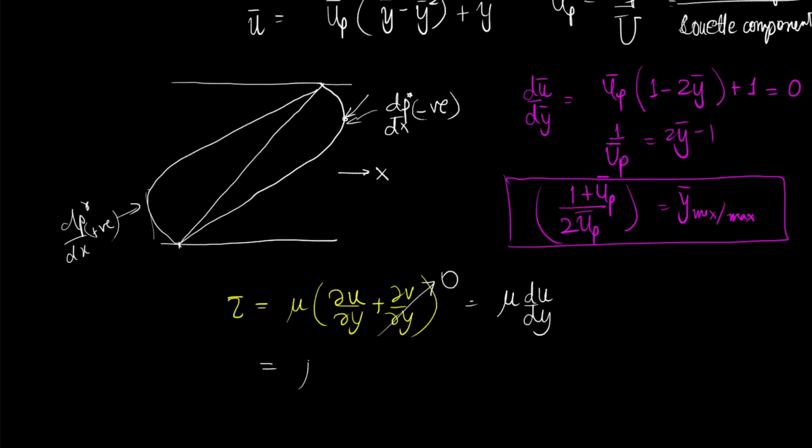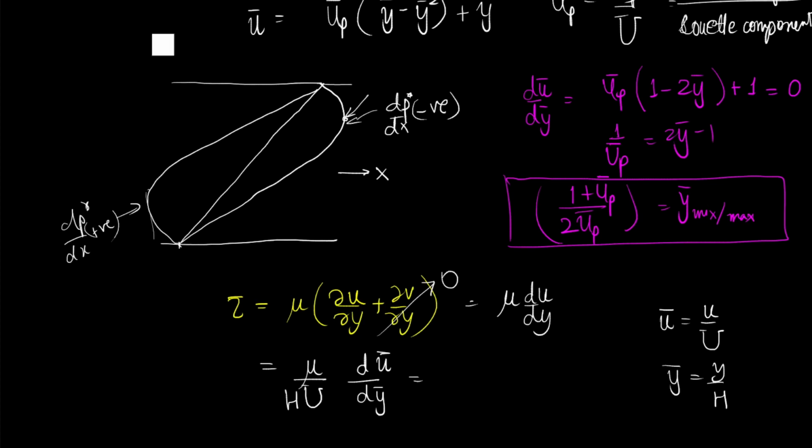So this is mu upon capital U du bar, because u bar is u upon capital U, upon dy bar times h, because y bar is equal to y upon h. Sorry, this U should be in the numerator.